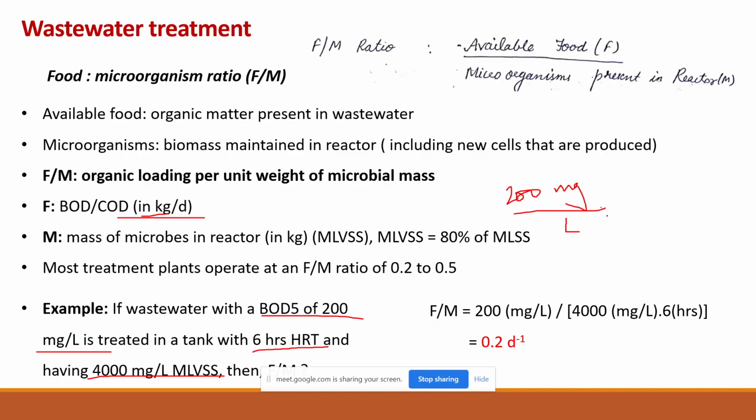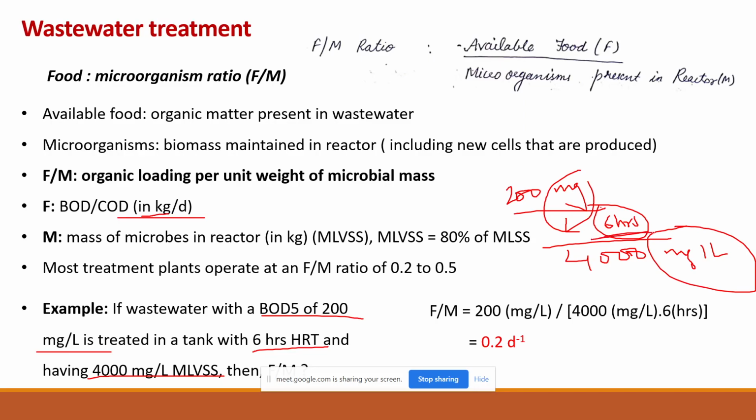You will have to divide it by your 6 hours. You convert it into days as well, so that will give you kg per day. After this, you have to divide it by your microbial mass, which is 4000 mg per liter. If you divide it directly, these values will get cancelled and you convert this into days, so you will get it as 0.2 day inverse.